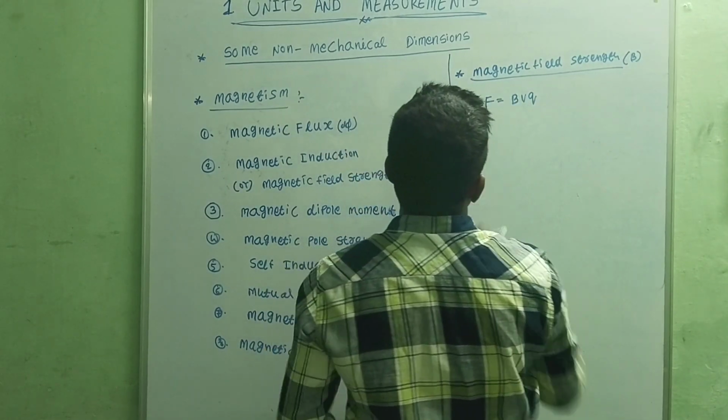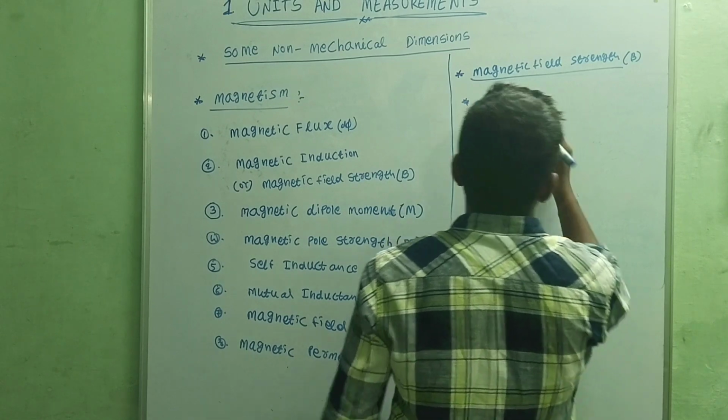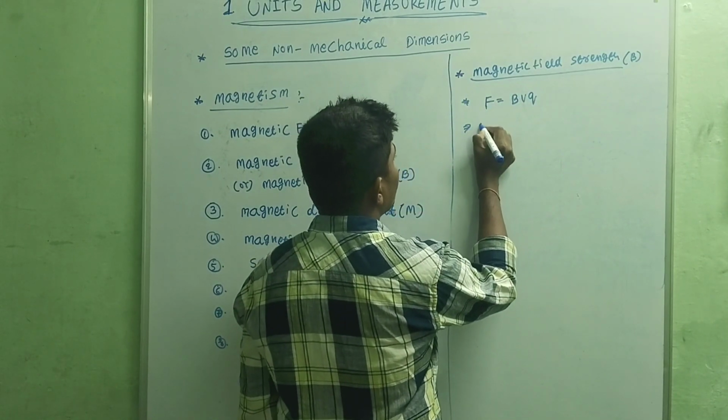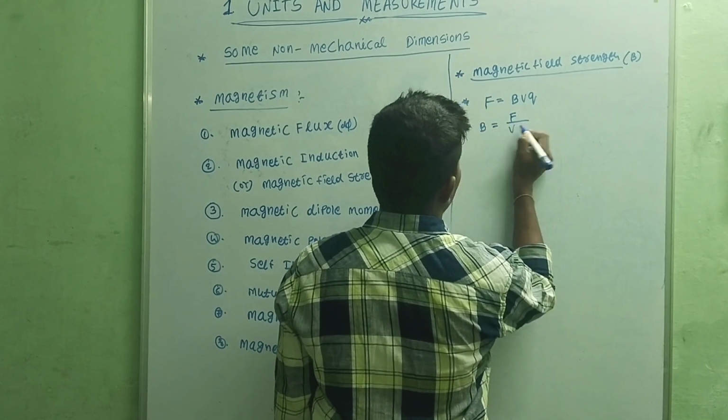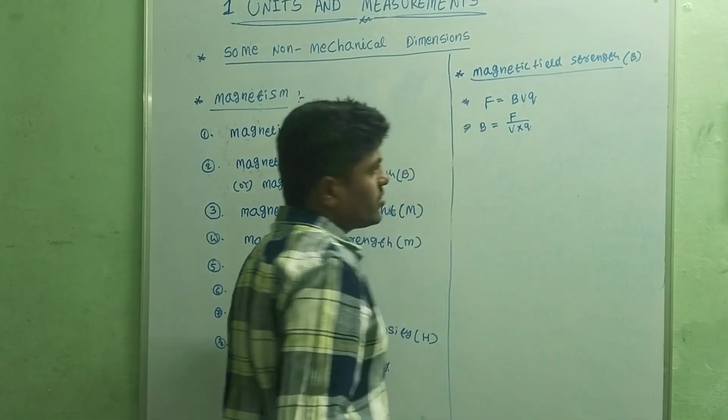Now, for the dimensions of magnetic field strength, B equal to force by velocity into charge.